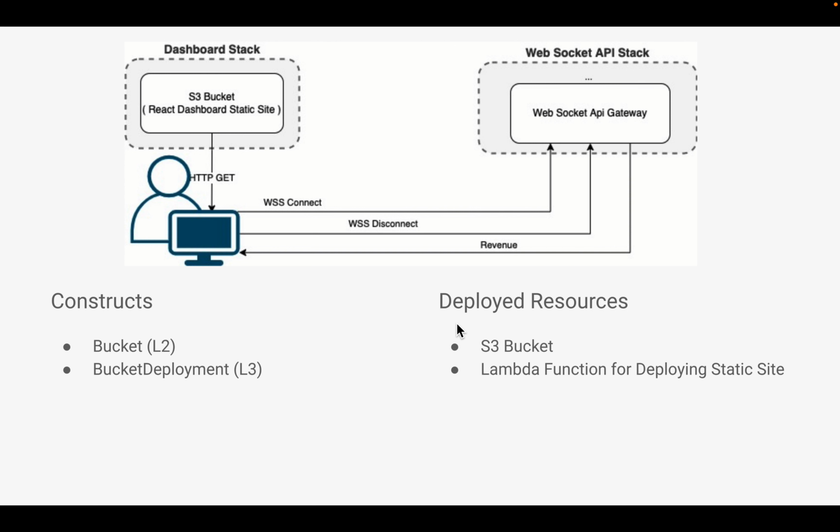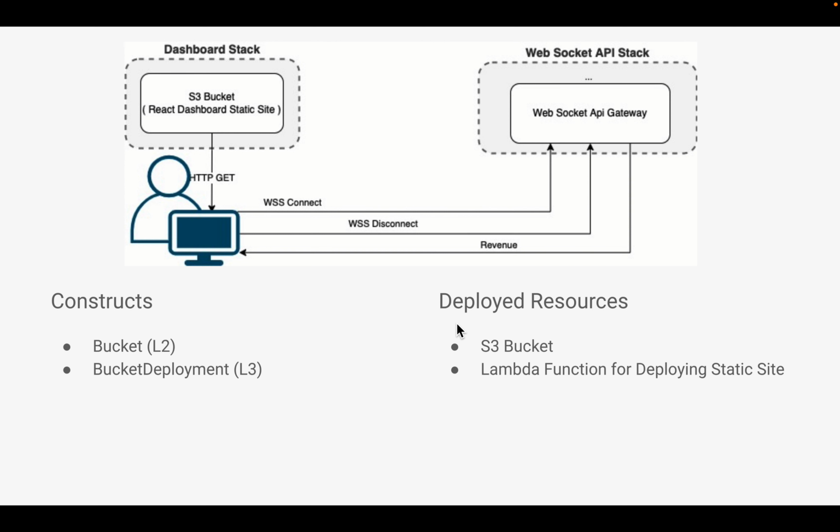So the deployed resources here are going to be obviously an S3 bucket, and then the bucket deployment construct itself actually utilizes a lambda function to shuttle the files that you want to target for your S3 bucket from the intermediary S3 bucket where all resources get staged when you use the CDK, and then moved into the static website S3 bucket.